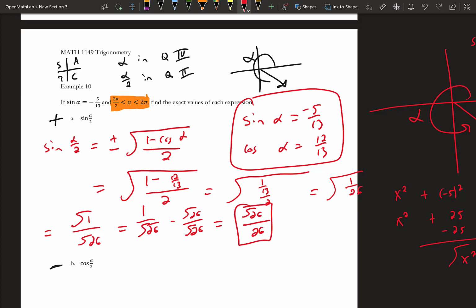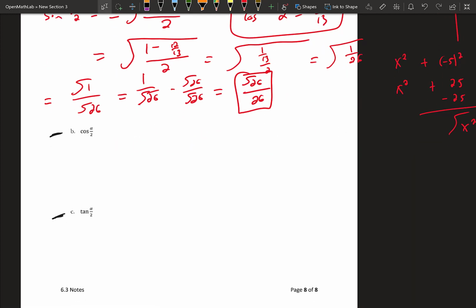It's just a matter of doing the similar thing. Cosine of alpha divided by 2 is going to be plus or minus the square root of 1 plus cosine of alpha, all over 2. But I know this is going to be negative, so I can get rid of the plus. This is negative the square root of 1 plus 12/13 all over 2.